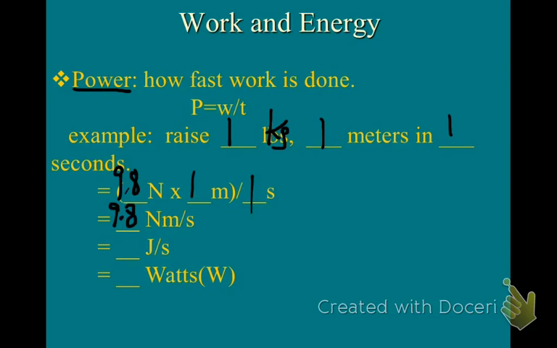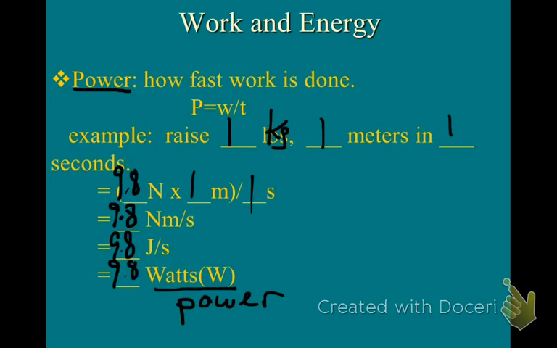Now we've got newton meters or joules, but we've got joules per second. And you've heard this term before. We'll actually use it again. When you hear the units of watts or capital W, it's going to be a unit of power. It's always going to be the work, and we'll talk about energy in joules too, the work or energy per second.